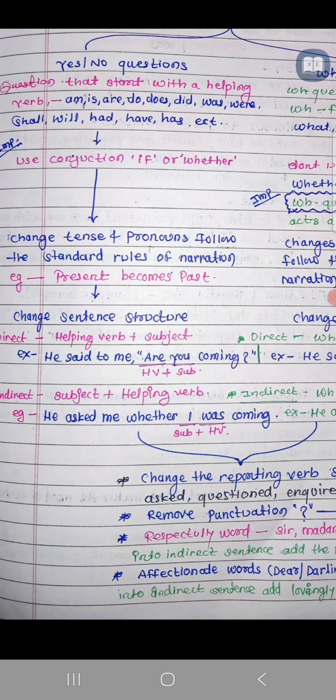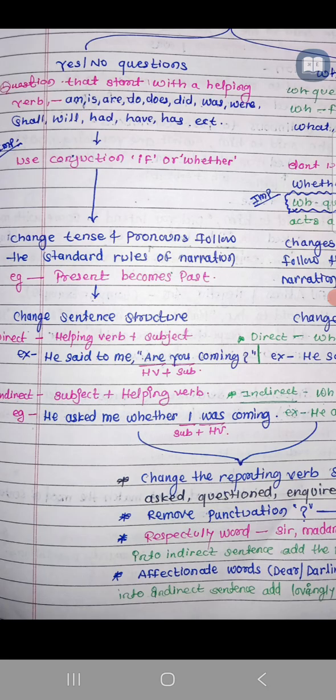When the subject starts the sentence, it changes the sense of the sentence, and it's called a simple sentence. Whenever the helping verb stands in front of the sentence, that means it's called a yes-no type of question. And whenever the subject stands in the front of the sentence, that sentence is not interrogative, that sentence is called affirmative, that means a simple sentence.